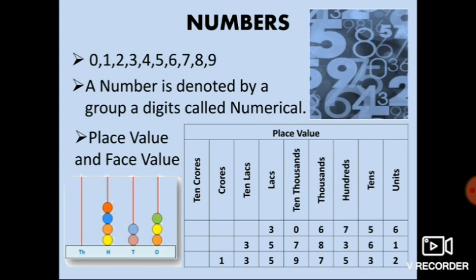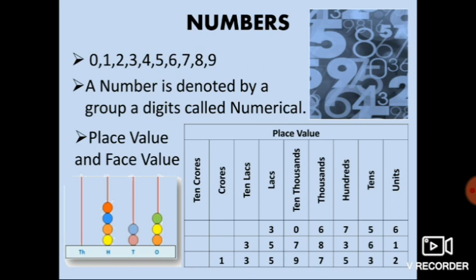Here you can see a table. The place value is mentioned in the second row, that is the units, tens, hundreds, thousands, 10,000s, lakhs, 10 lakhs, crores, 10 crores, and it goes on.